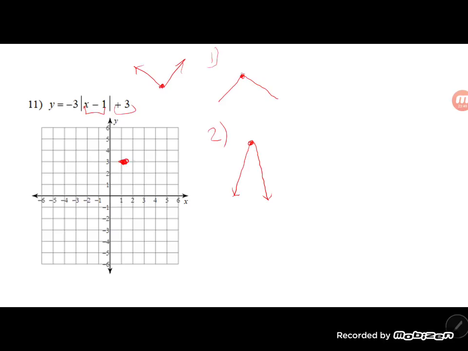So instead of going over 1 and down 1, we're going to go over 1, and 1 times 3 is 3. So we go over 1 and down 3. Likewise, we go back 1, and then instead of down 1, we go down 3, because 1 times 3 is 3, so it gets multiplied or stretched like that. That's why those multipliers stretch your function. They're making it more elongated.